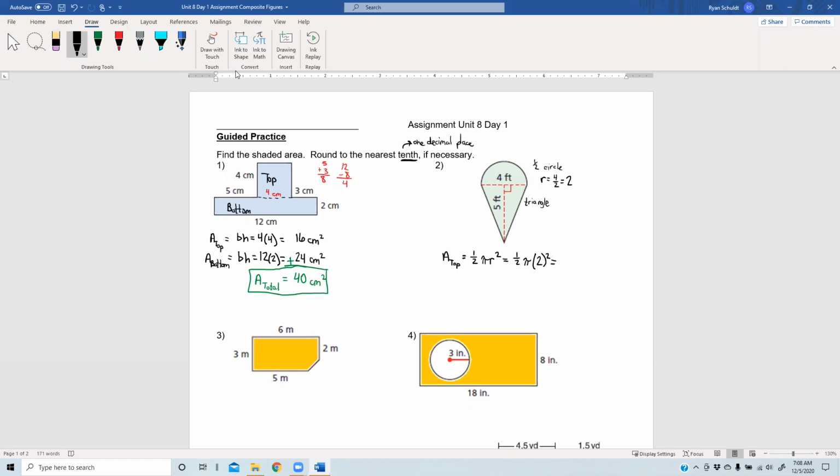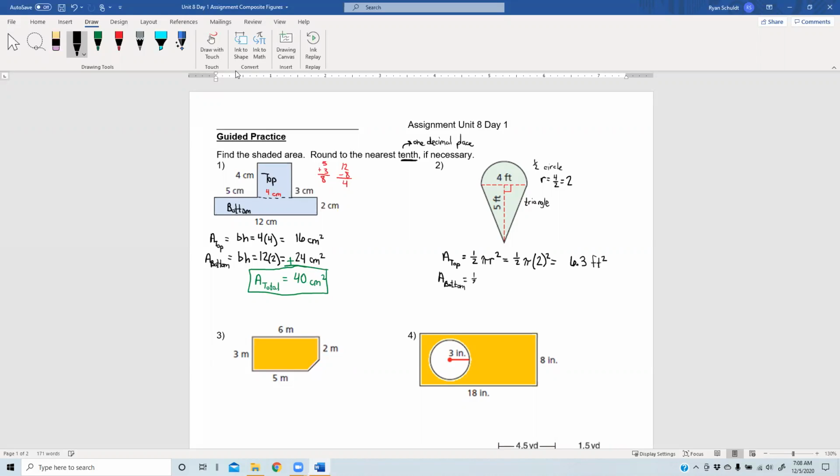So this would be, let's see, 6.3 feet squared. That's the area of our top. Now let's get the area of the bottom.